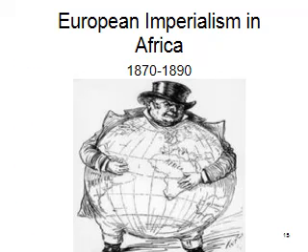Okay, so European imperialism in Africa, 1870 to 1890 is the approximate time frame that we're dealing with when it comes to other nations taking over and dominating regions inside the continent of Africa. Unlike imperialism in India, when it comes to Africa, you're going to see a number of different European nations taking over places, not just Britain, although Britain is involved.